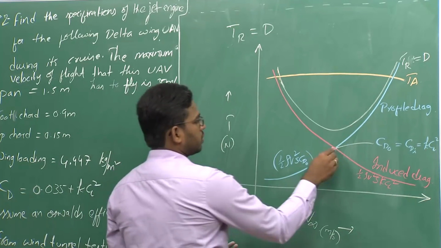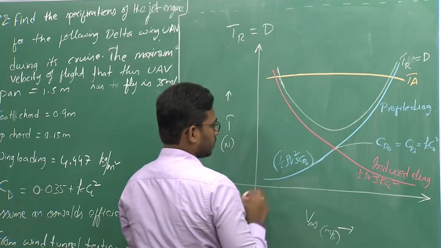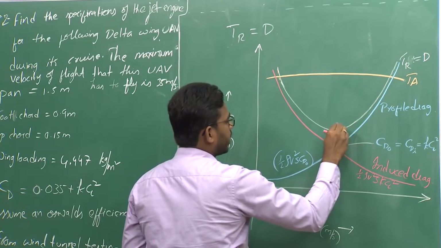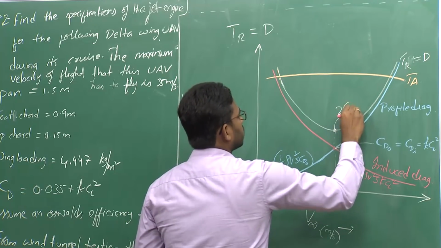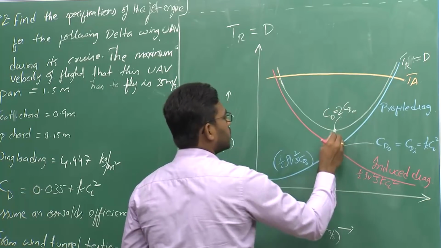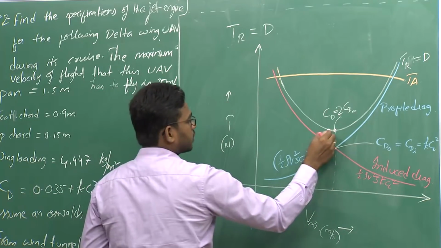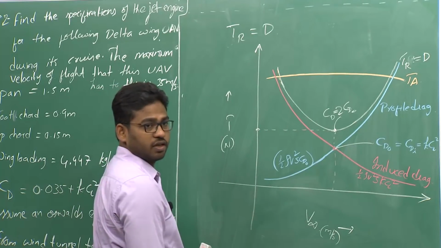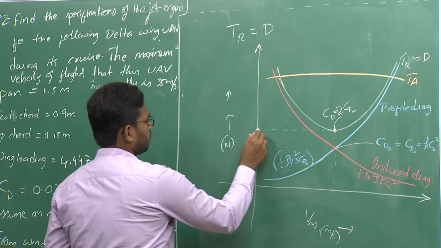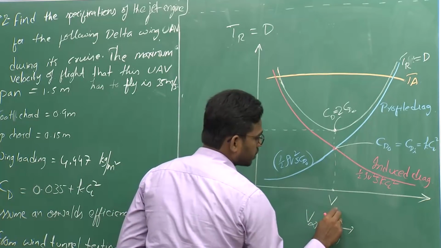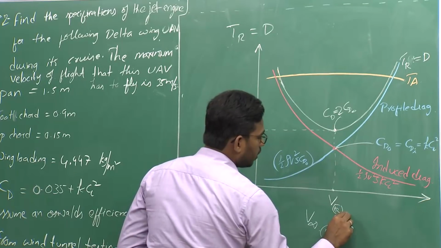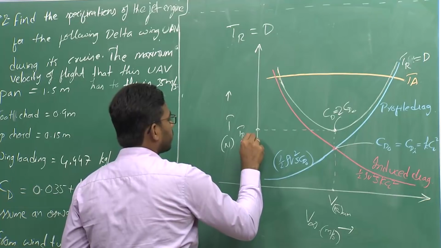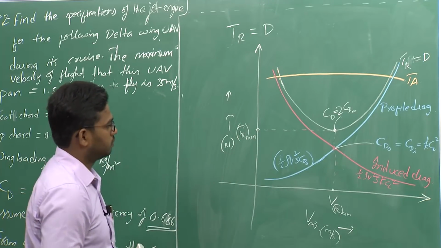So, the total drag coefficient at this point is 2 CD naught. This is the condition when you are flying at L by D maximum. So, the corresponding velocity is the velocity for TR minimum or L by D maximum. So, this point corresponds to thrust required minimum.